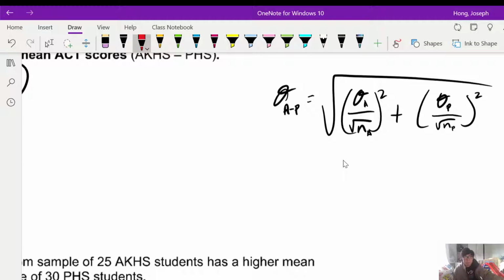So you see how essentially we're taking the absolute value of these things, as you learned in Algebra 2.